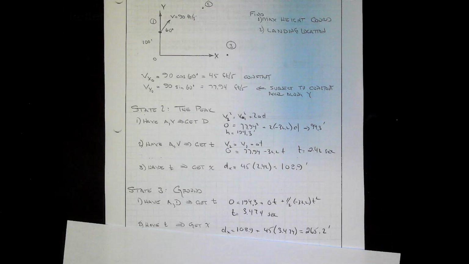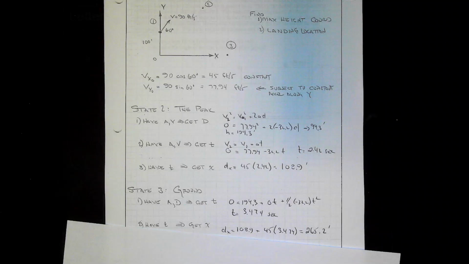Given t, we simply need the x. dx will have already traveled 108.9 feet to get to the peak, plus 45 feet per second times the additional time. It will land 265.2 feet out.